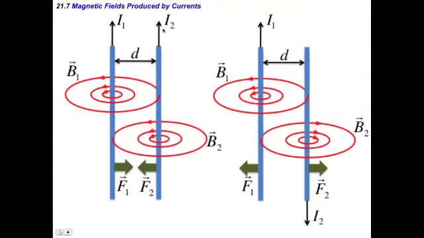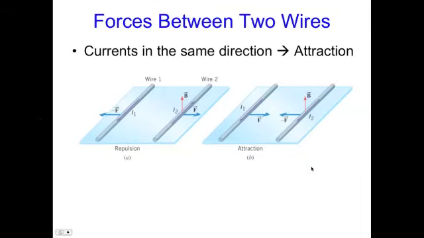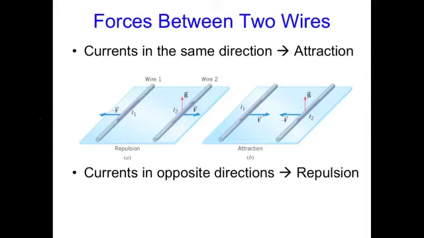When the currents are in the same direction, it's an attractive force. When the currents are in opposite directions, there is a repulsive force between these wires. So with forces between two wires, currents in the same direction will attract, while currents in the opposite direction will repel.